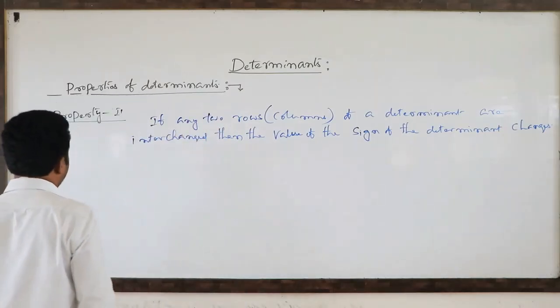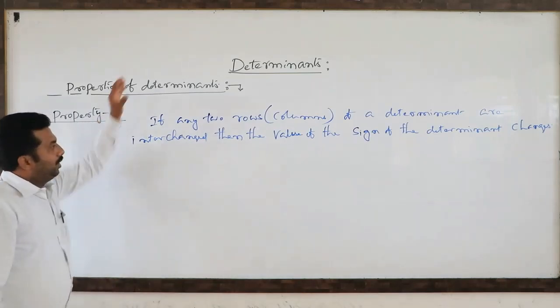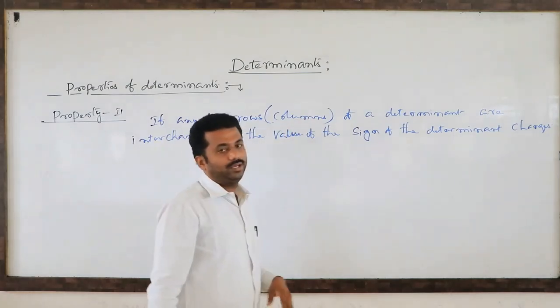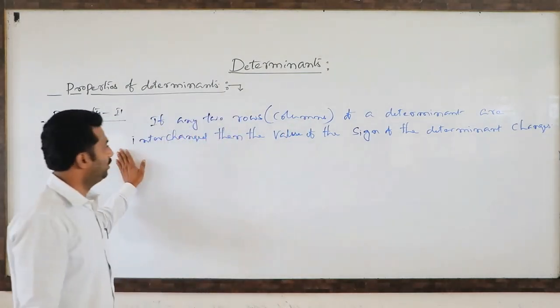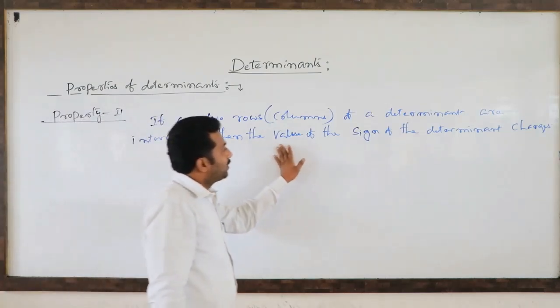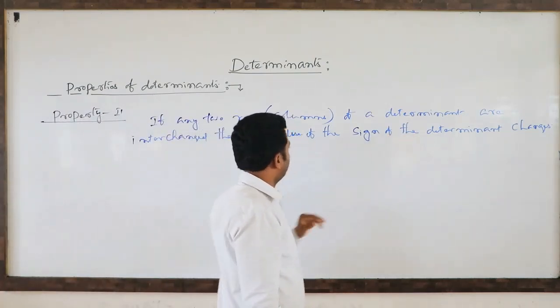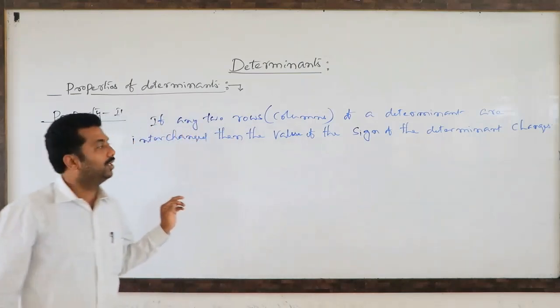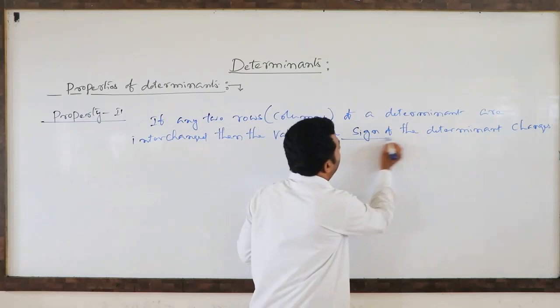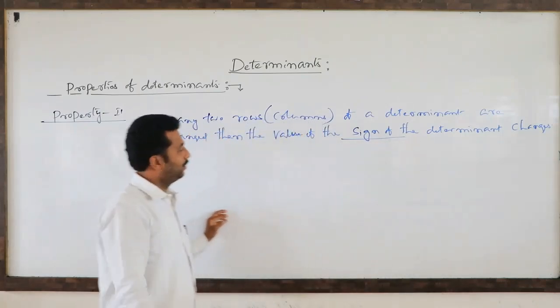Next, the second property. If any two rows or columns of a determinant are interchanged, then the sign of the value of the determinant changes.